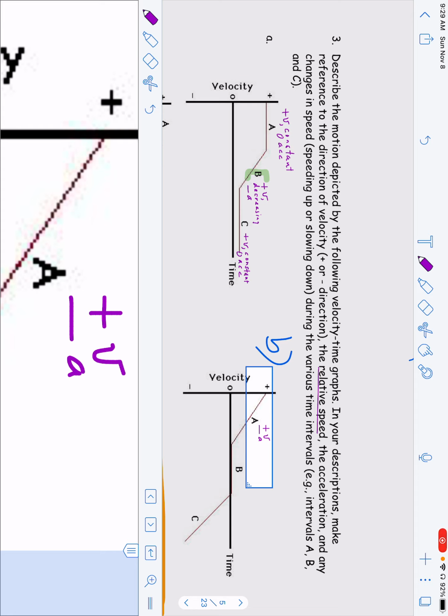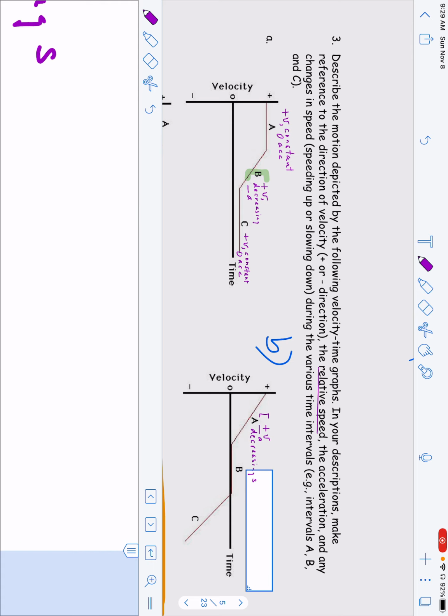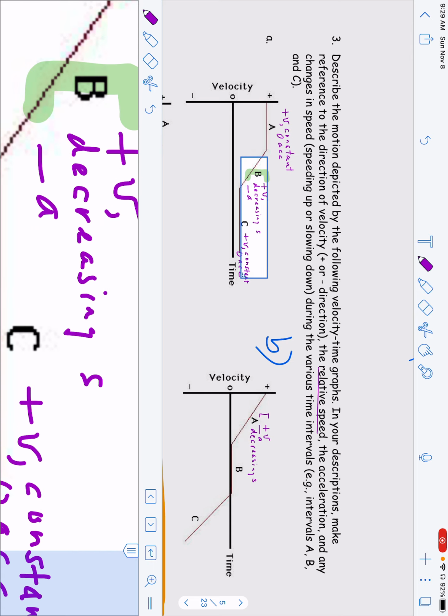And we got the speed decreasing because the line is getting closer to zero, but also because if V and A have opposite signs, then the speed is decreasing. So decreasing speed.